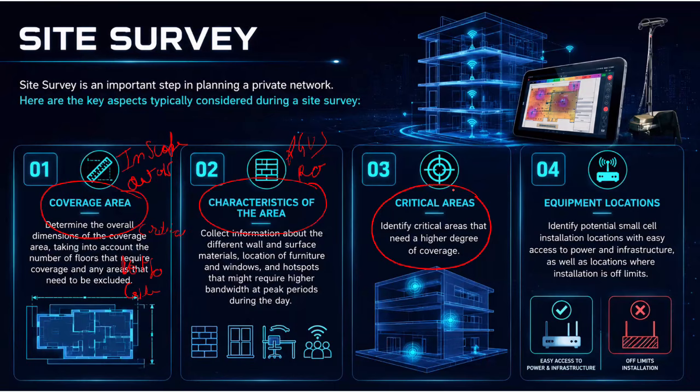We need to talk with the customer and identify the critical locations during the survey. We should also understand whether there are any specific performance expectations, like higher throughput. Some areas may have a high concentration of devices, so those areas may require higher throughput, low latency, and reliable coverage.